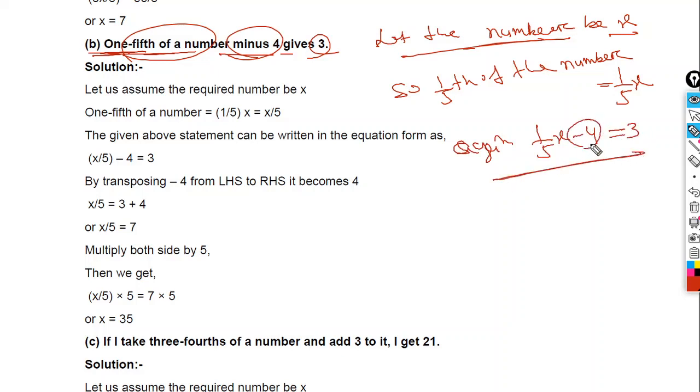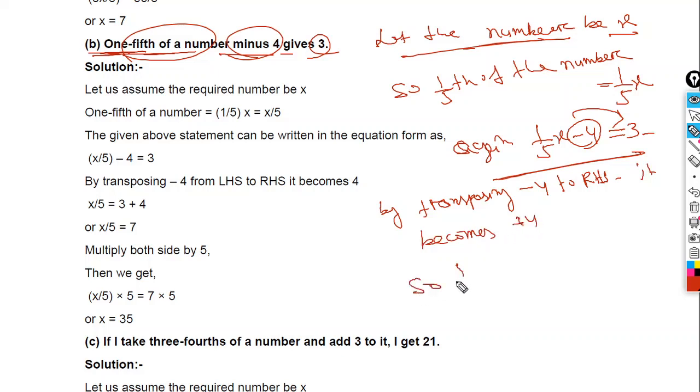Now we will transpose minus 4 to RHS. Transposing minus 4 to RHS, it becomes plus 4.